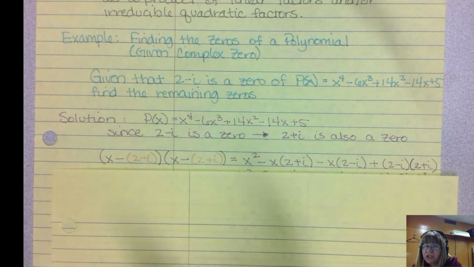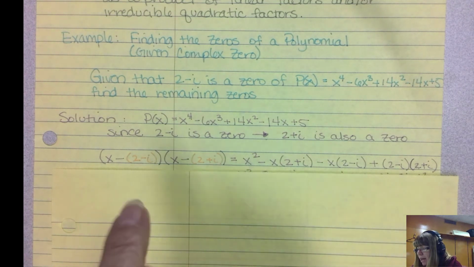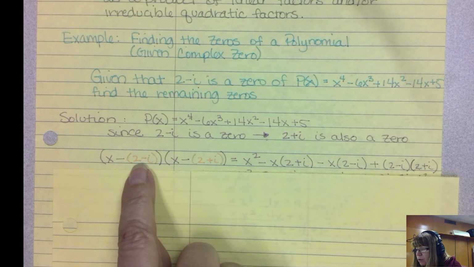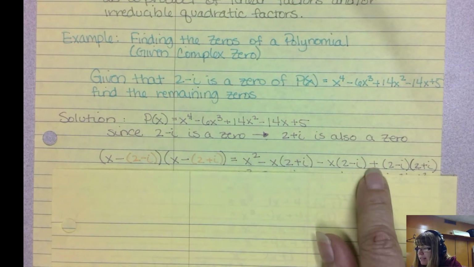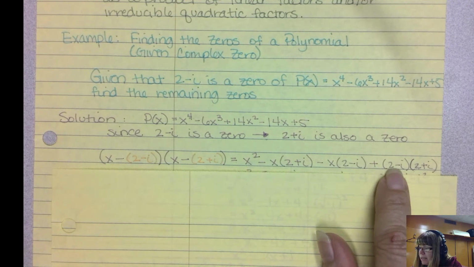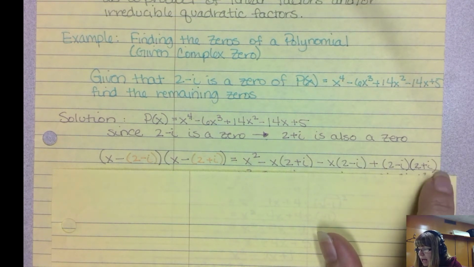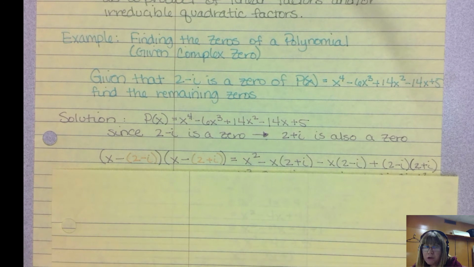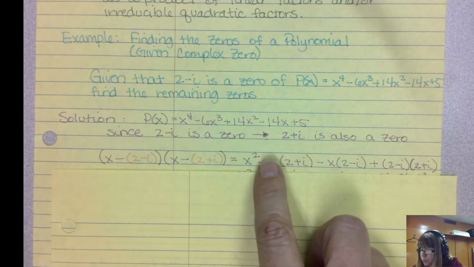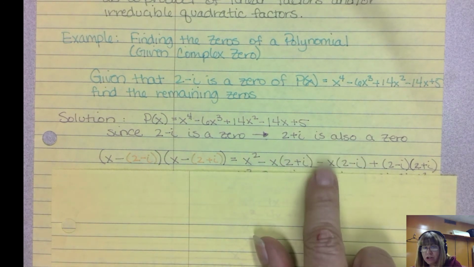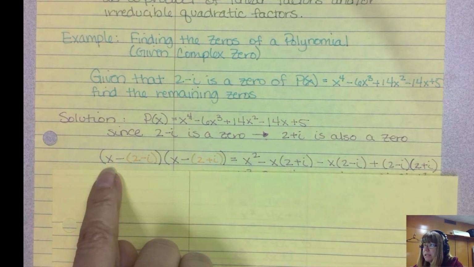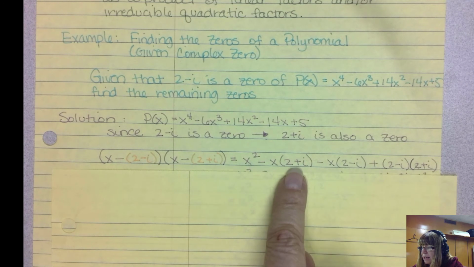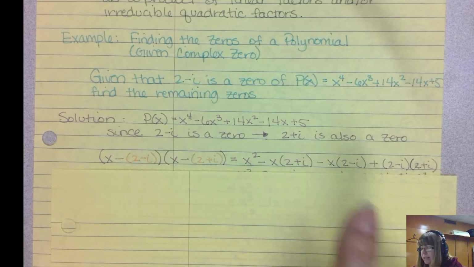Well, you'll see it's a little bit easier to keep it grouped. And then finally, negative (2 minus i) times negative (2 plus i) is plus (2 minus i) times (2 plus i). I am eventually going to have to distribute these external coefficients in there, but I find it easier, instead of doing all these little steps, to keep it as a blob in parentheses.